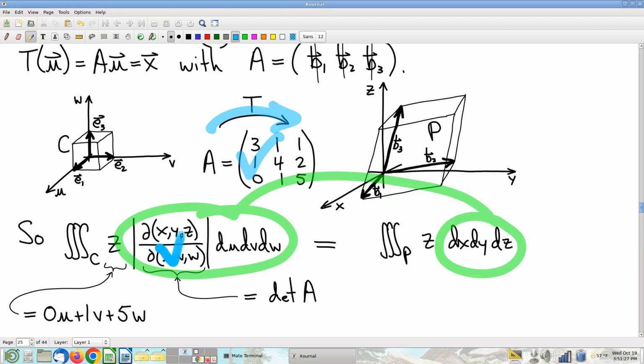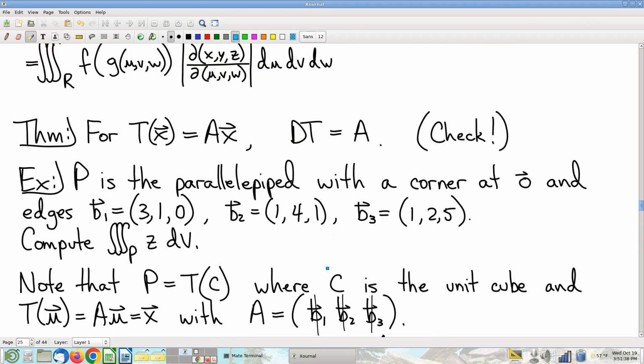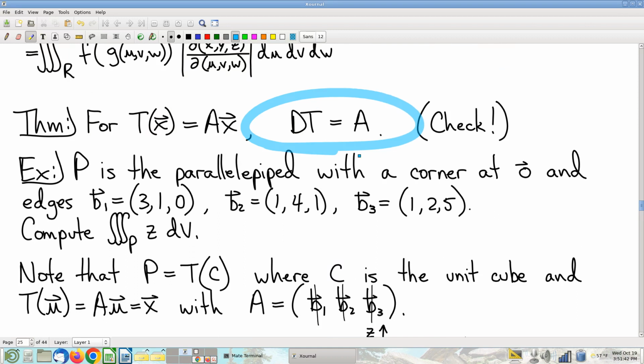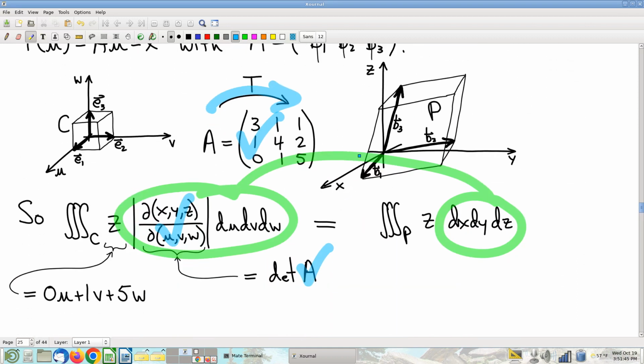The derivative matrix is the same matrix. So that's kind of neat convenience, right? I'm citing our result from up here. The derivative matrix, same matrix. Okay. So I've got my stretching factor.